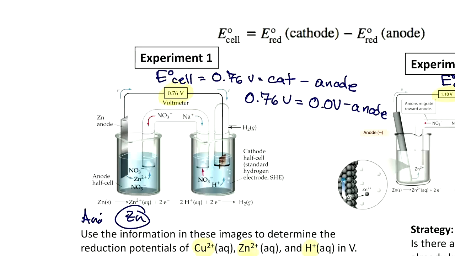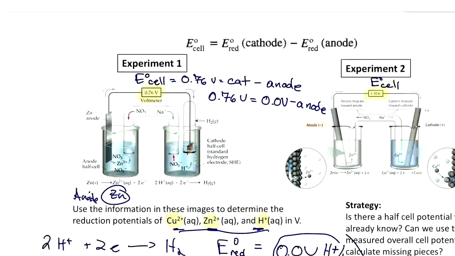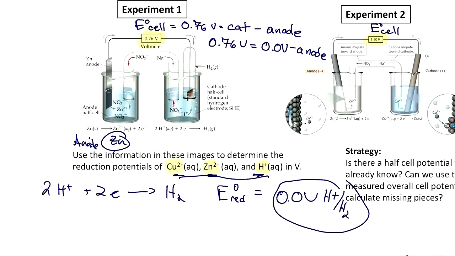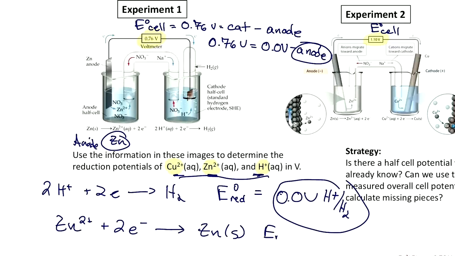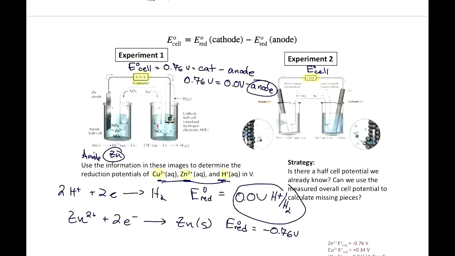because that is the zinc. Zinc is our anode here. So what is the reduction potential of our anode? It would be negative. For the zinc half reaction, Zn2+ plus 2 electrons gives zinc solid, the reduction potential should be negative 0.76 volts based upon that picture.